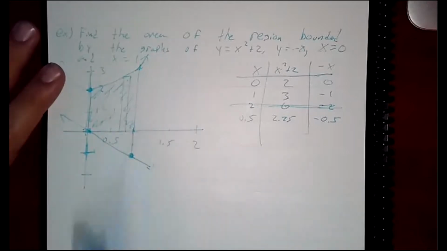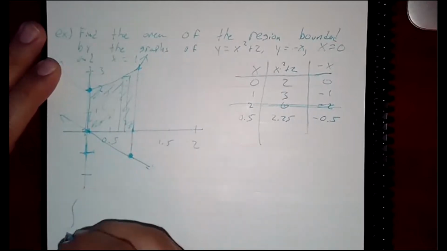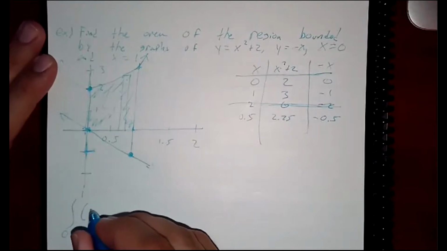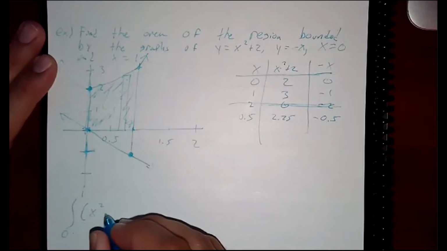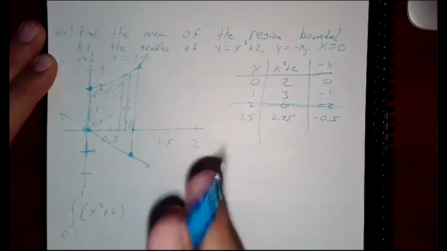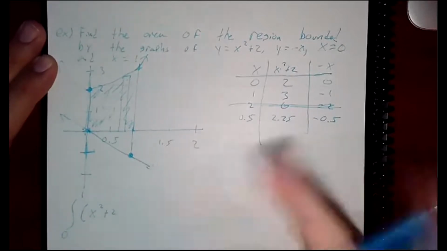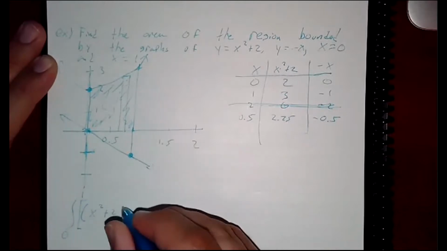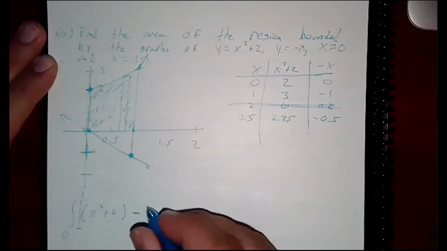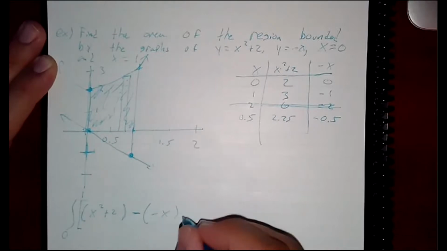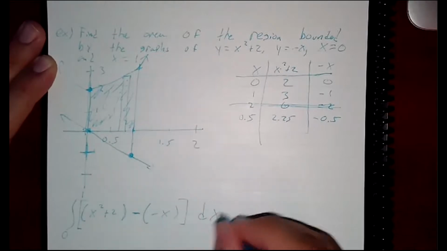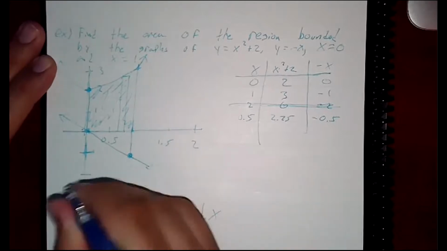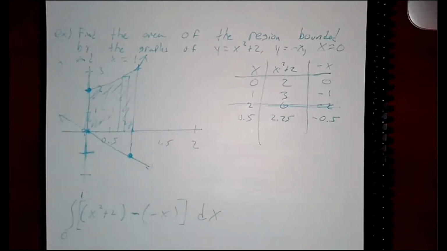So you would start the problem and say integral from 0 to 1, top function, x squared plus 2, with some brackets here, minus the bottom function, which is a negative x. Everything times dx. Okay? Does that make sense? How you set it up?